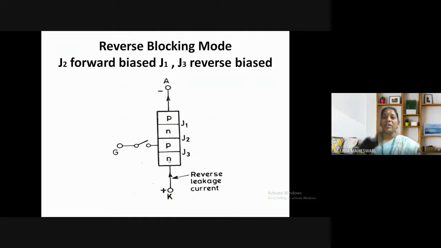And what is reverse conduction mode? In reverse conduction mode, we are not giving any potential to the gate terminal, whereas the reverse voltage across the anode to cathode is increased.